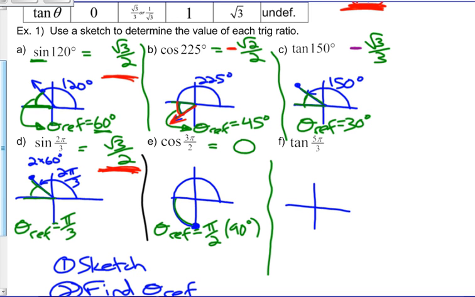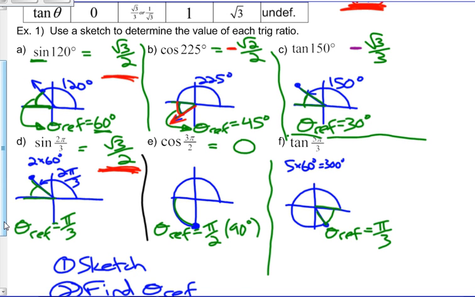Finally, 5 pi over 3. So pi over 3 is 60. This is like 5 60s, or 300 degrees. 90, 180, 270, 300 is just a little further. What's missing to complete the circle? 60 degrees, or pi over 3 radians.